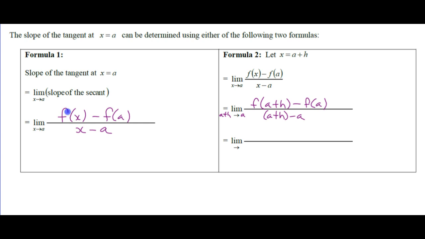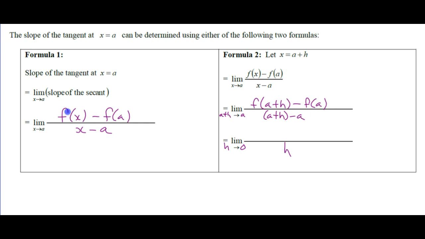Now, what's going to happen on the bottom? Well, we got a plus h minus a, so that's just going to be h. So we want the limit as, we're going to get rid of these a's, we'll subtract a from each of these, and we get the limit as h approaches 0, and that matches up with the demo we just looked at.